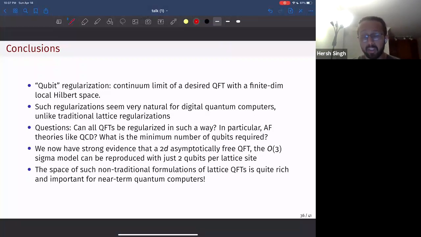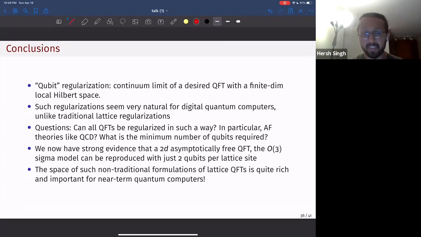But it's not clear whether this is possible for all QFTs. We were able to show that this seems possible for the two-dimensional O3 sigma model, which is an asymptotically free theory, which is quite encouraging from the prospect of simulating QCD eventually.